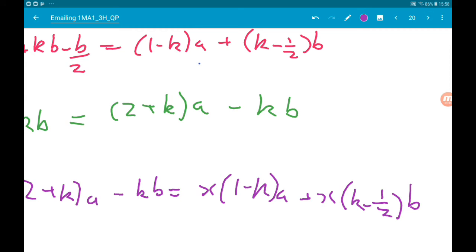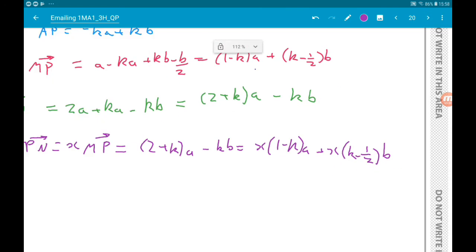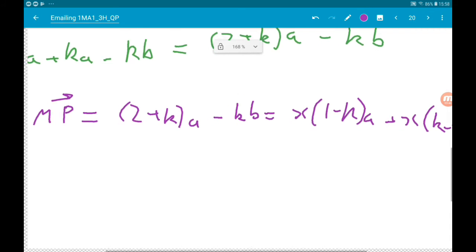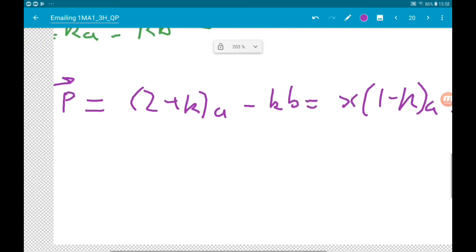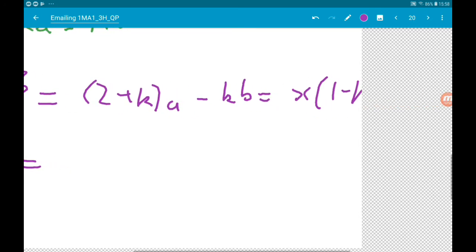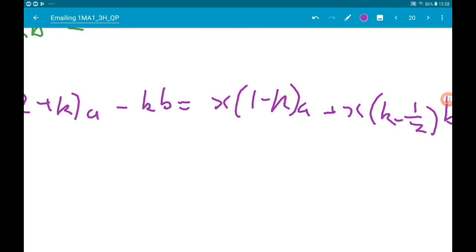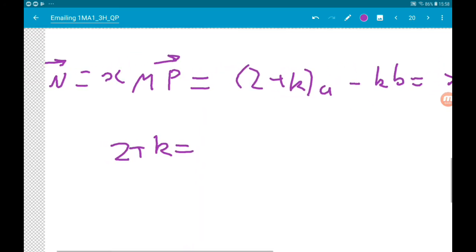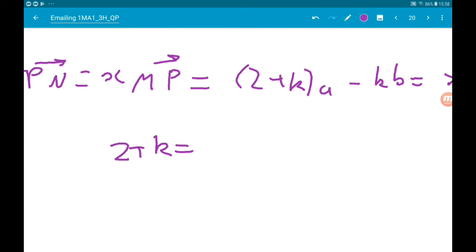Now, if we compare the coefficients on each part of the vector, this then means that 2 add k is equal to x times 1 minus k.